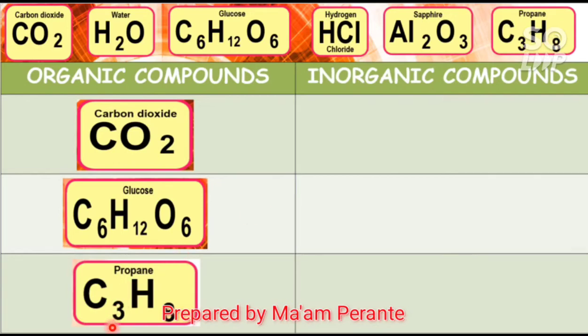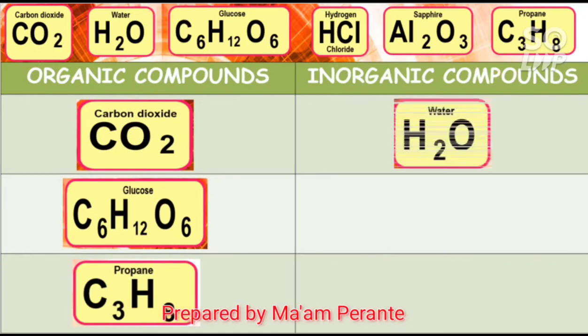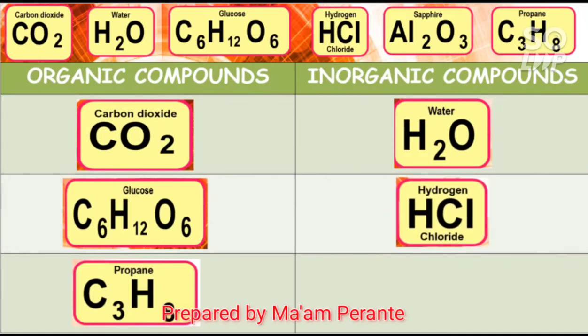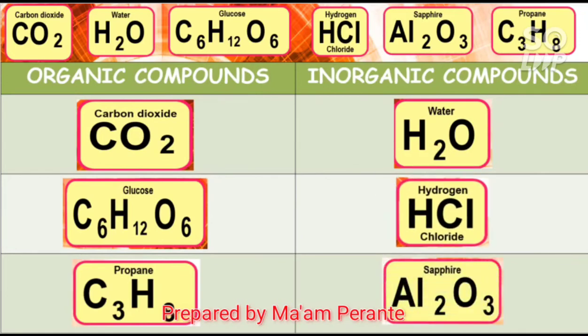Carbon is present in this formula, so that is organic. And the remaining compounds are all inorganic simply because as you look at their chemical formulas, there is no presence of carbon: H2O, hydrogen and chlorine, aluminum and oxygen. So there is no trace of carbon in the following compounds. So they are classified as inorganic.